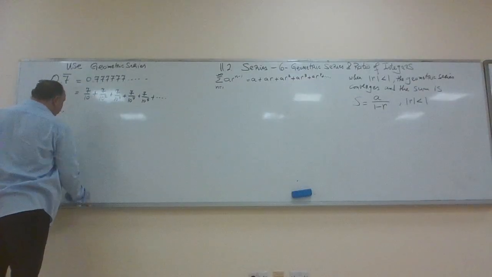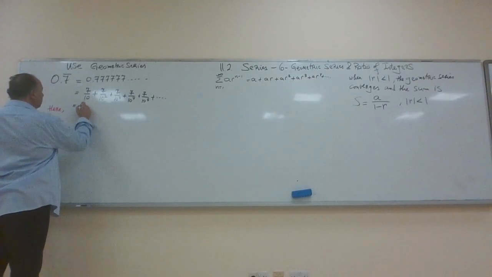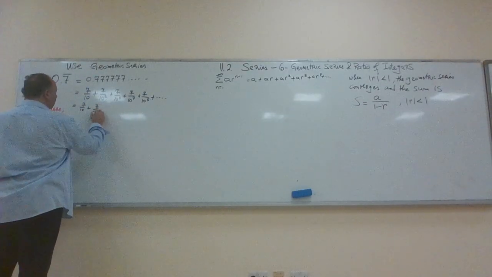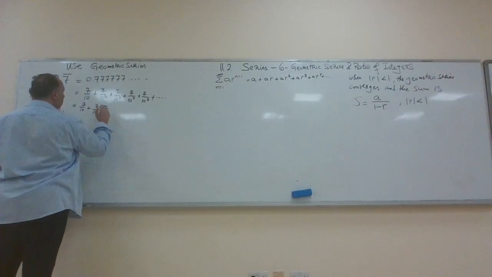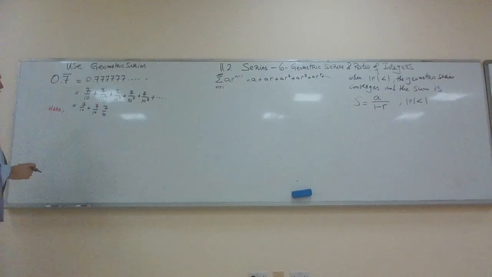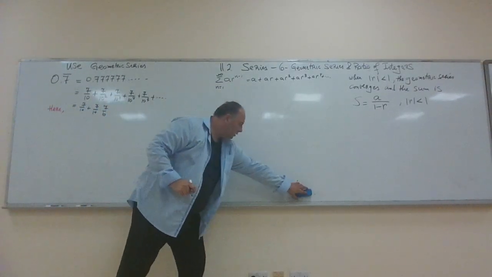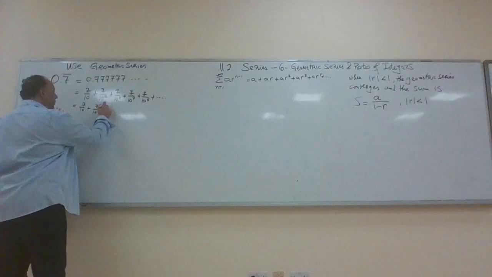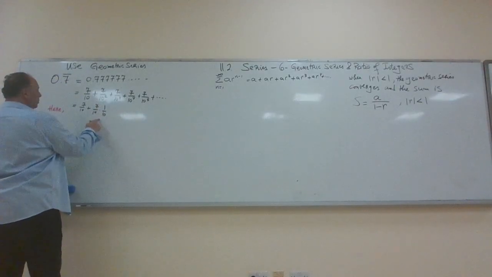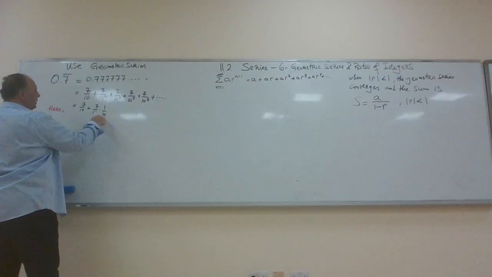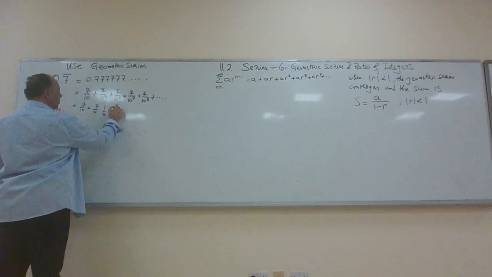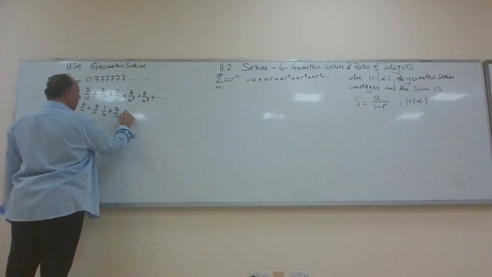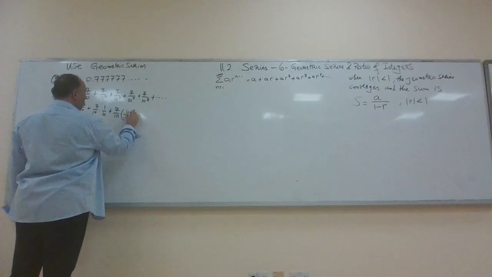So here, just to rewrite, 7 over 10, there's the first guy. So we need 7 over 10 times something to look like 7 over 10 to the power 2. So 7 times 1 is 7, 10 times 10 is 10 to the power 2. Fine. 7 over 10 times 1 over 10 to the power 2.